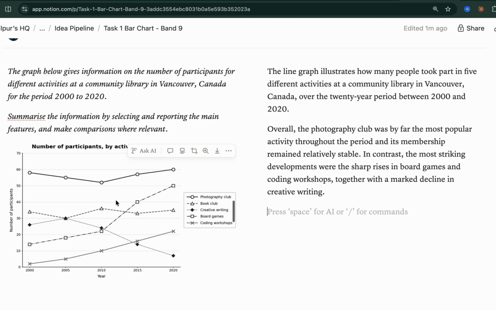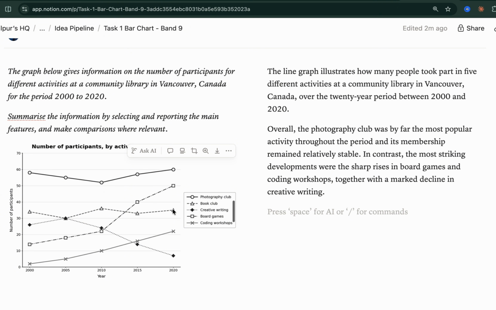And upon looking, I think you already have found it yourself. Photography club and book club somehow follow the same pattern throughout the period. So they do experience some fluctuations, but not very sharp ones. And they kind of end up, if I look here, at almost 60 at the beginning and 60 at the end, and this book club around 35 at the beginning and 35, 36 at the end.